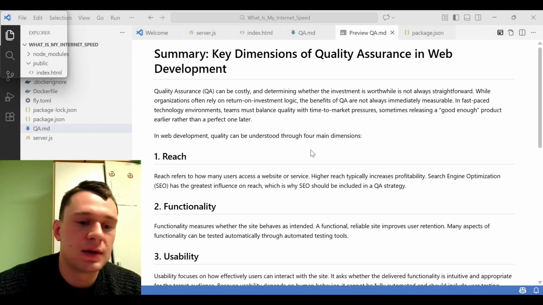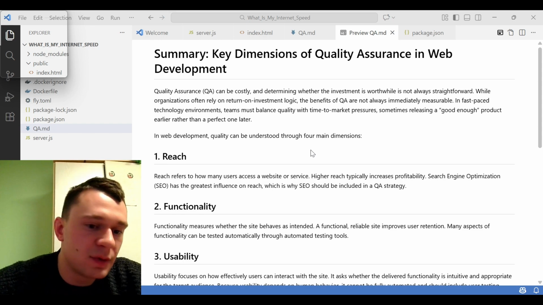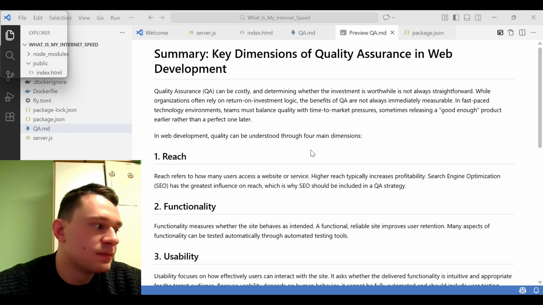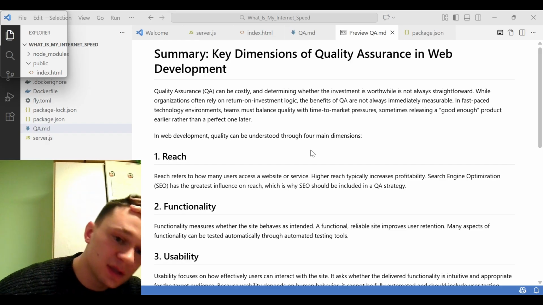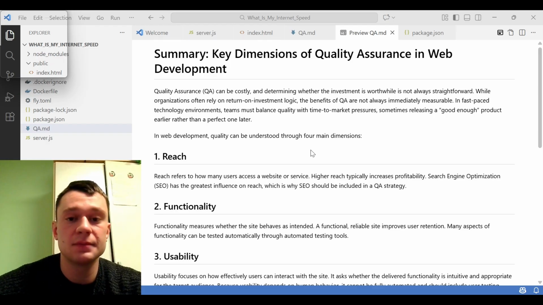In order to make a good website over the years, there is something called quality assurance, and this is a very, well, let's say unpleasant field because it costs a lot of money and it doesn't really return in the beginning.